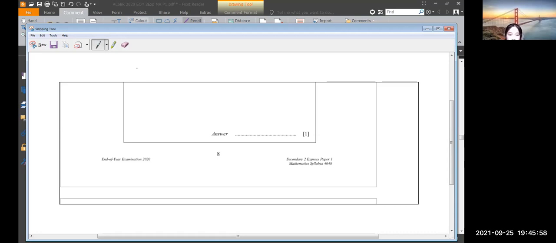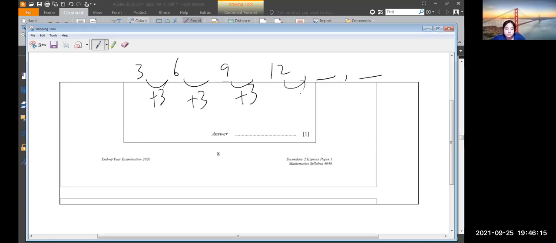Okay, so let's say you have 3, 6, 9, and 12. Then I ask you what is the next two. I think it's pretty simple because the difference is +3 throughout, right? So if the difference is +3 throughout, then of course you can find 15, and of course this is 18.